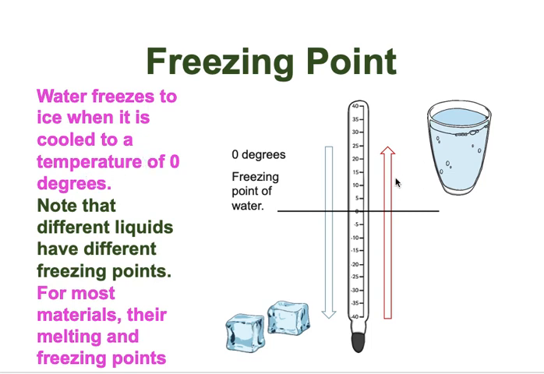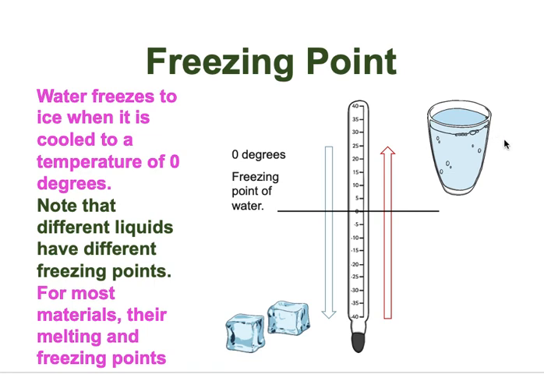If you're going to put the water in the refrigerator, at 0 degree, it will start forming ice. But if you bring these ice cubes and keep at room temperature at 0 degrees, it will start melting back to water.